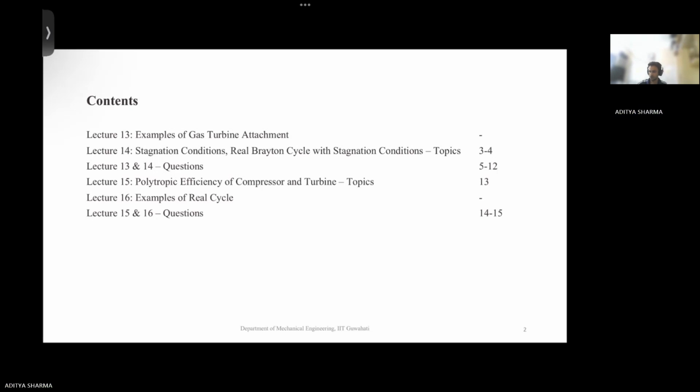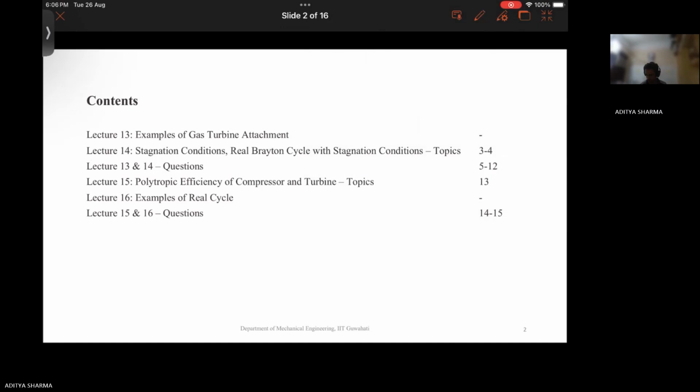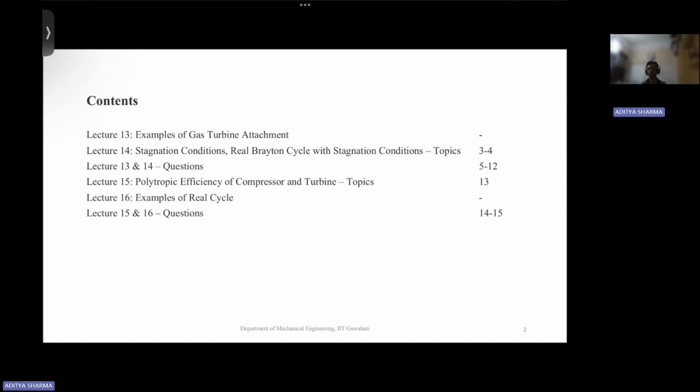Attachments like intercooler, your heat exchanger. So these attachments we have seen in previous week's content, right?